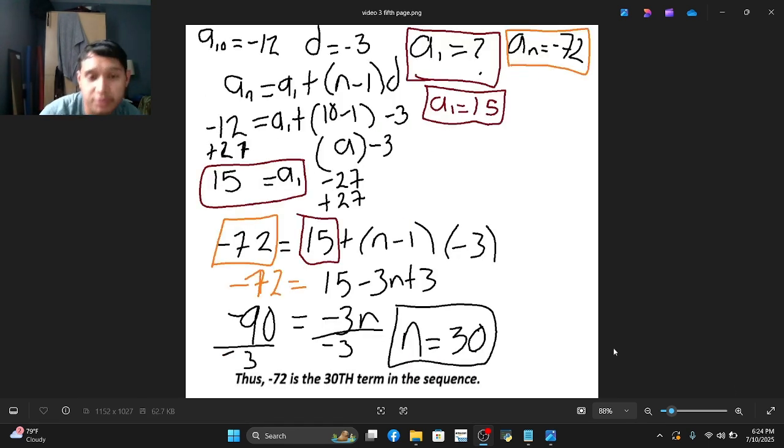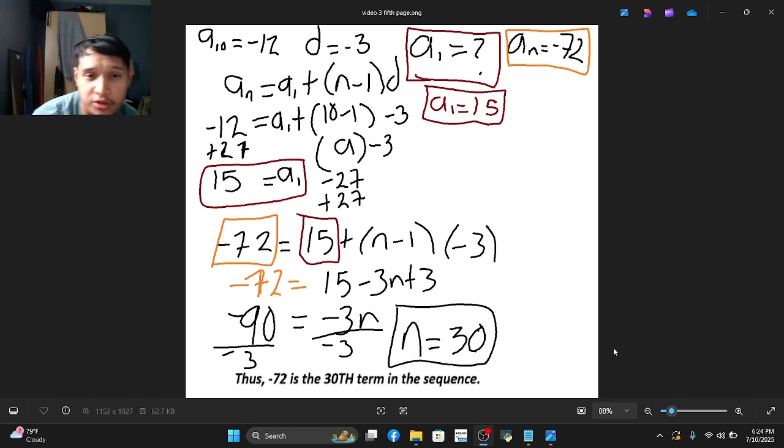Let's do this example. We know that the 10th term is negative 12, the d, or differentiator, is negative 3, and we want to find the first term, and a sub n is equal to negative 72. Now I will explain what that means.